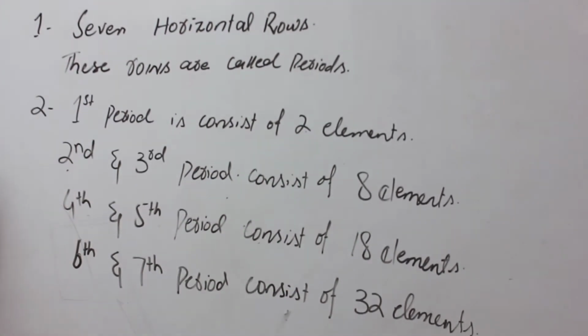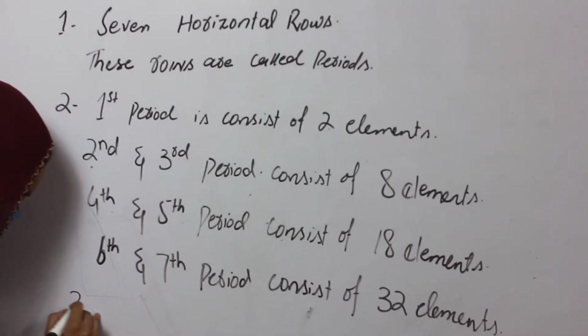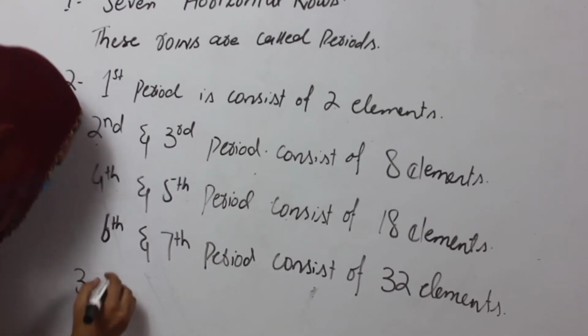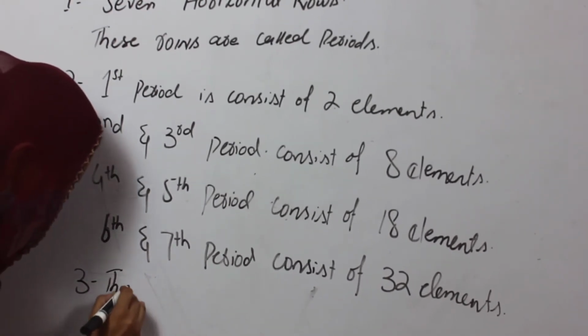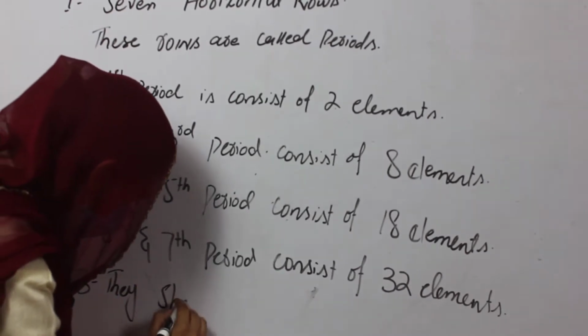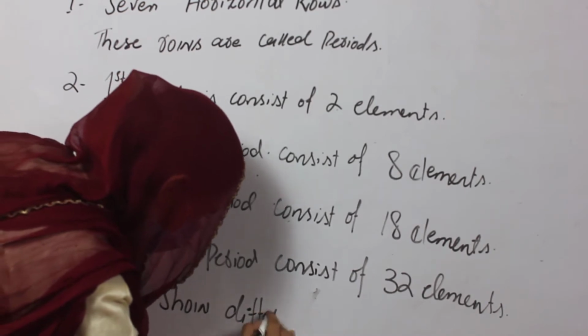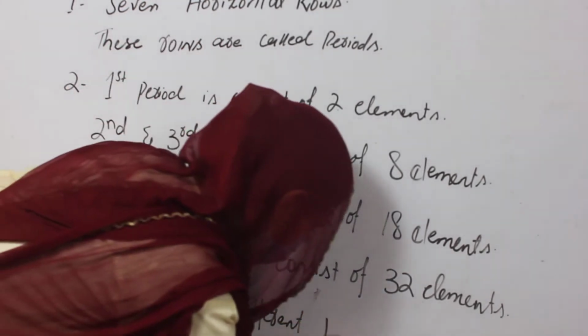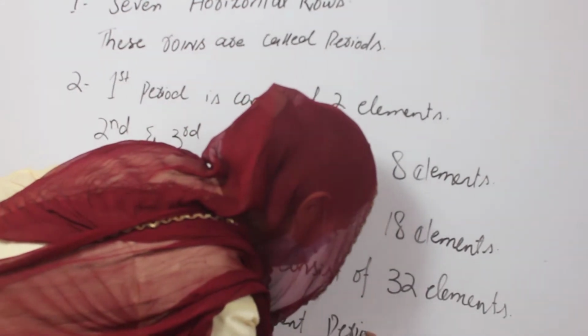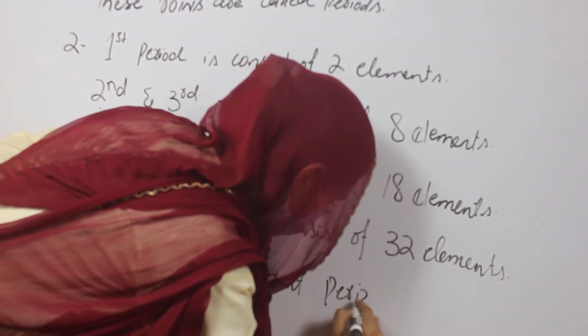The third property is that they show different properties. All elements present in the 7 periods show different properties. Why do they show different properties?